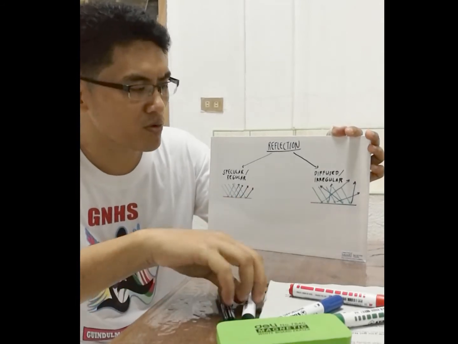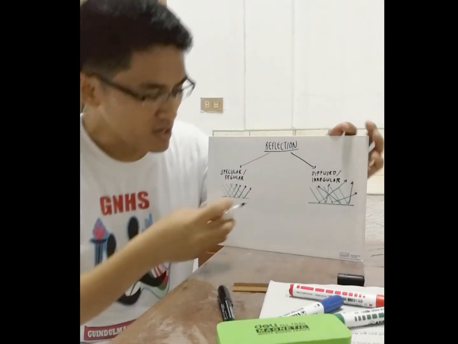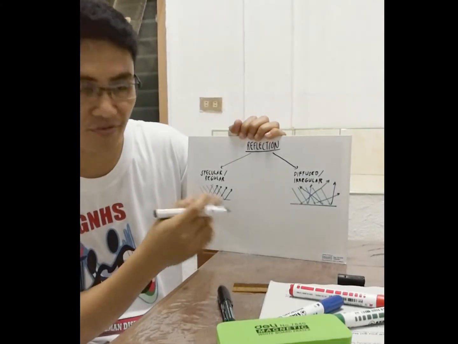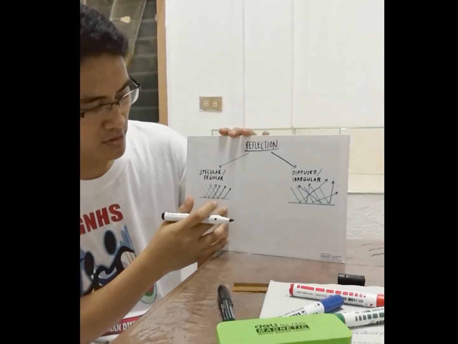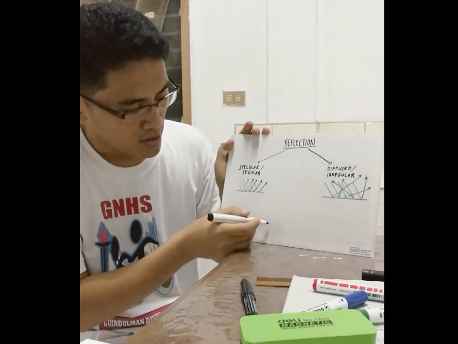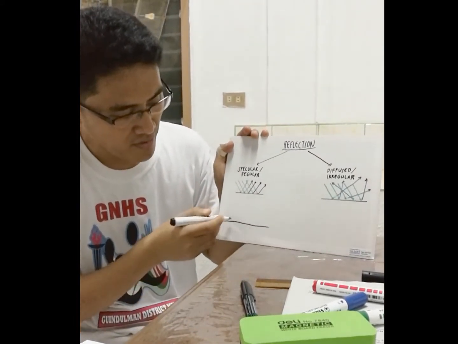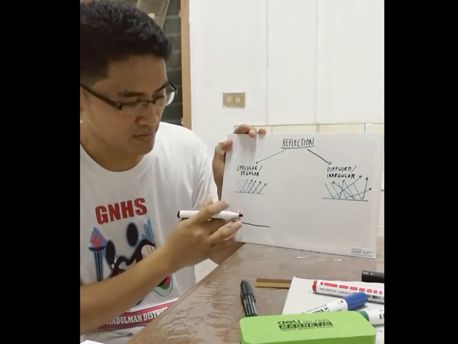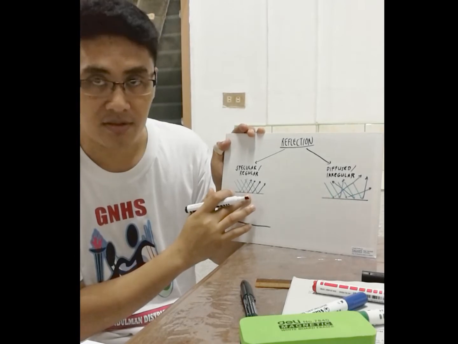Well, actually no, because if we look at the microscopic surface for objects that do regular reflection, such as your mirrors, these things are very, very smooth, such that the effect is this.